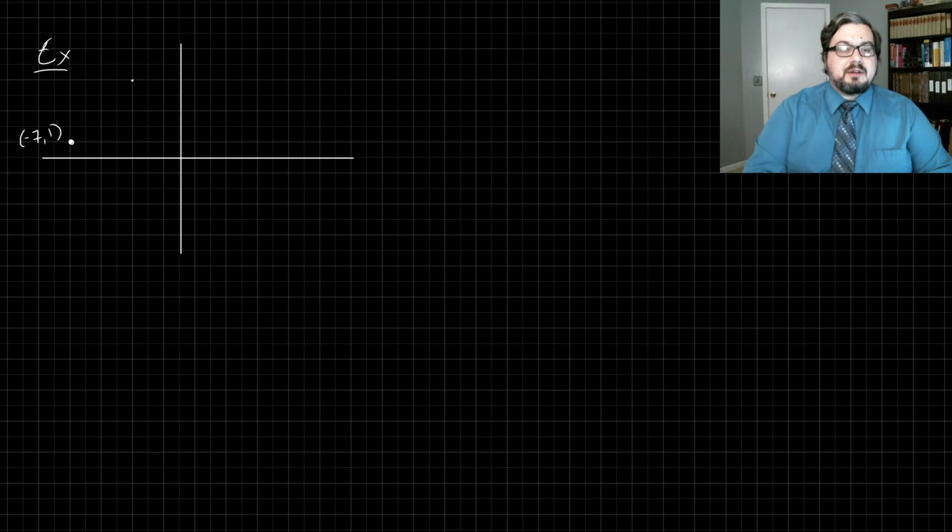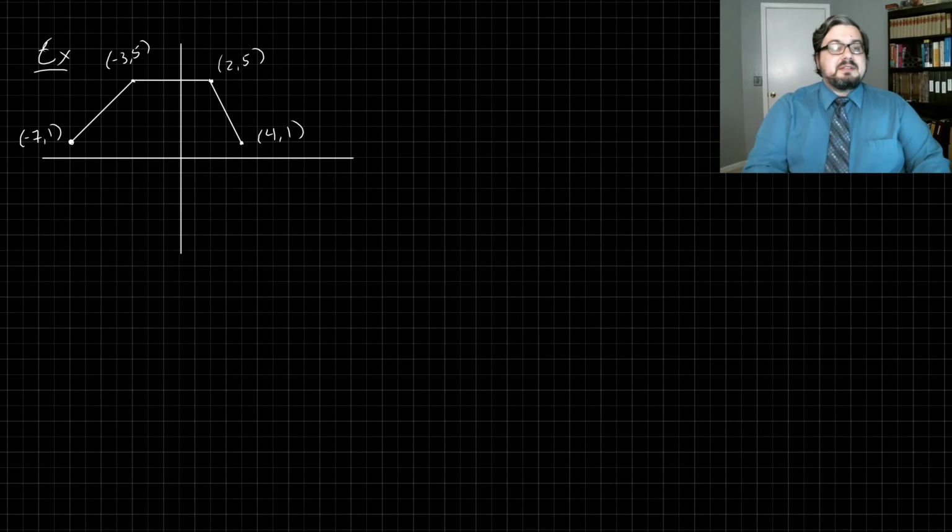So let's say that it goes from the point (-7, 1) to the point (-3, 5) to the point (2, 5) to the point (4, 1), and that's it. We've got this graph here made up of a few line segments.